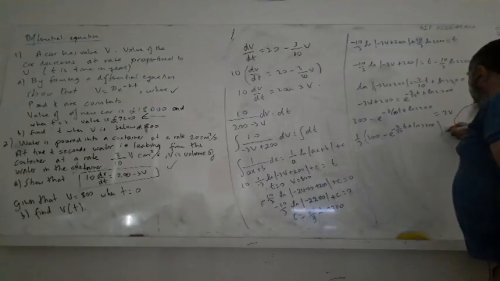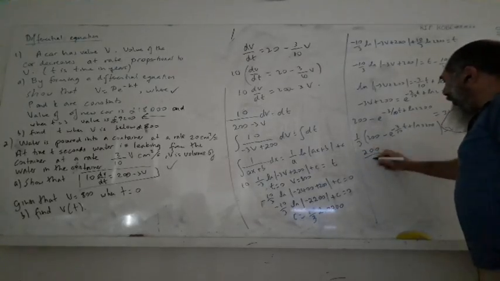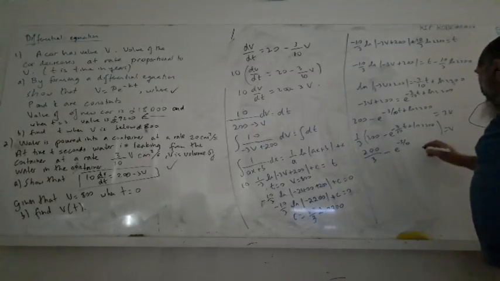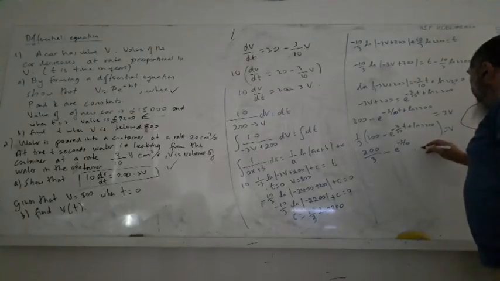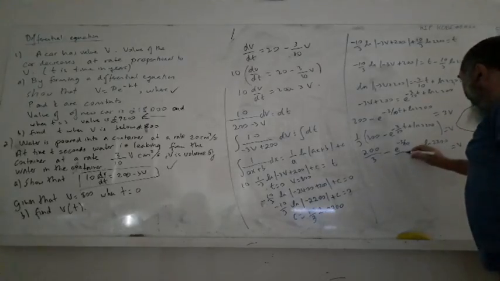200 over 3 minus e to the power of minus 3 over 10 t times e to the power of ln 2200, all over 3, is equal to V. I expand the brackets.